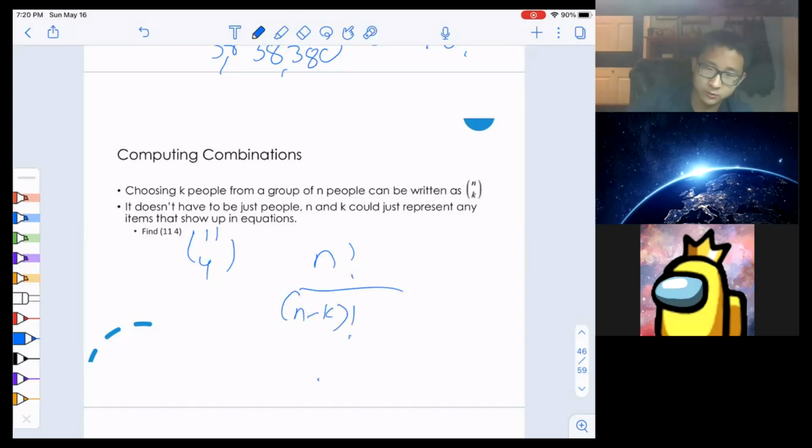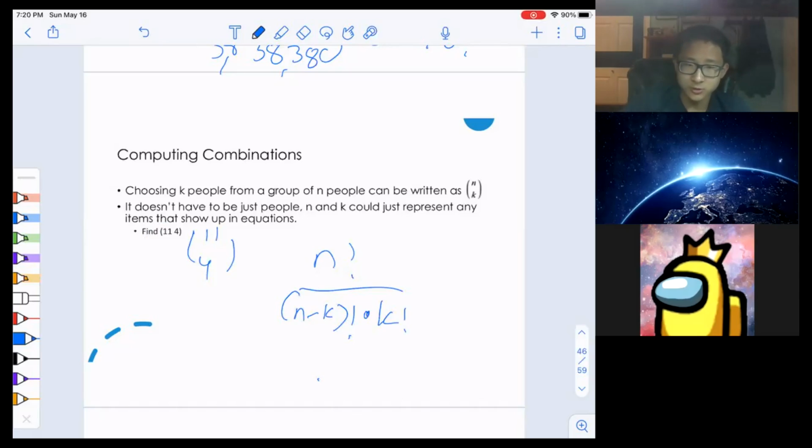Since we're picking 4 from 11, this would be dividing by 7 factorial, which is also why we only have 4 spots. But order doesn't matter here, so we're going to divide by k factorial, since we're dividing by the number of ways we can order those k items. So this is basically the formula.